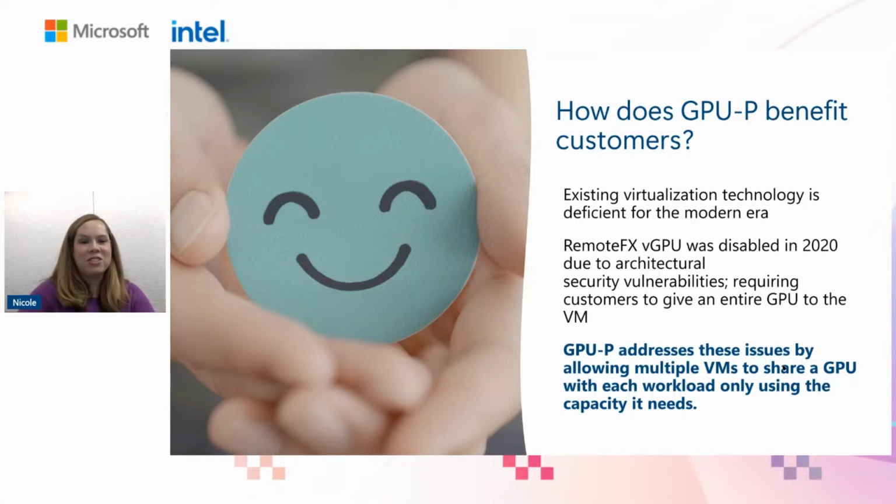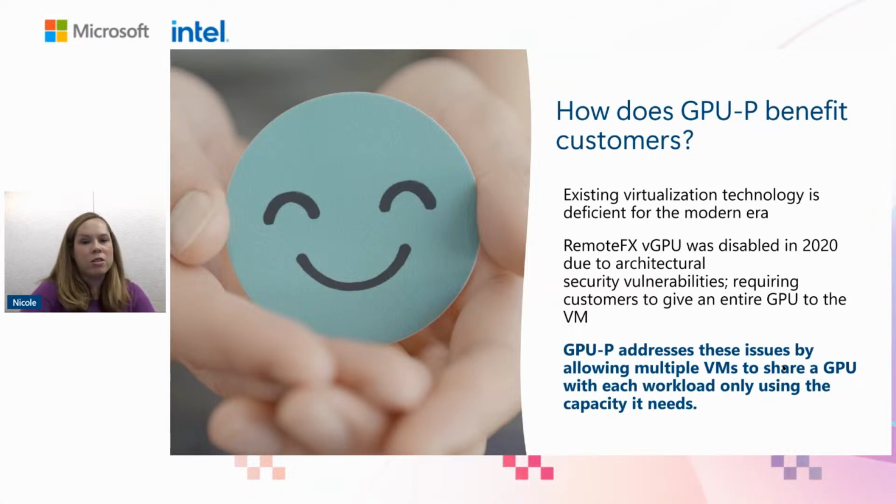RemoteFX vGPU had made it possible for multiple VMs to share a physical GPU, but was removed as an option for users with Windows Server 2019 and disabled in 2020 in all applicable Windows platforms. This was due to RemoteFX vGPU being susceptible to security vulnerabilities that were architectural in nature.